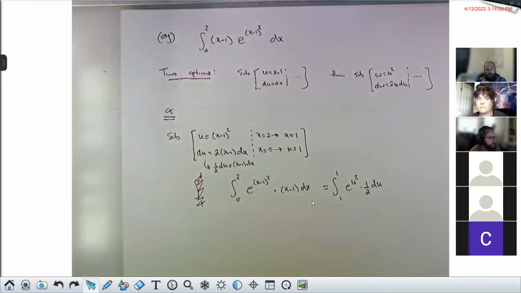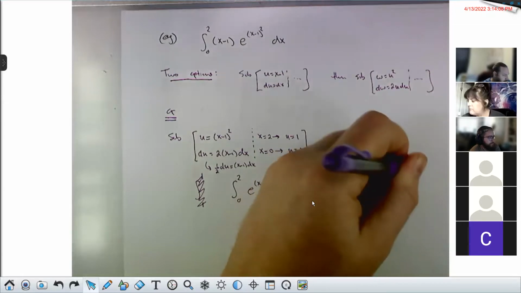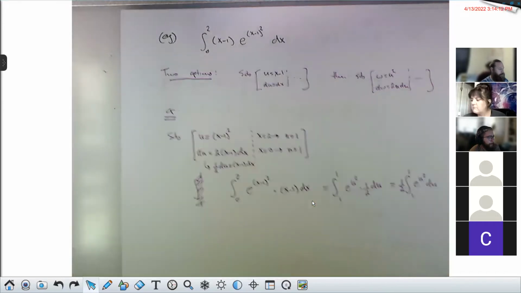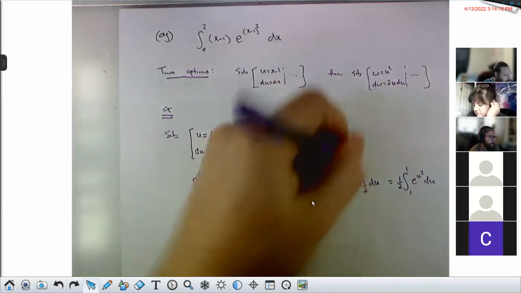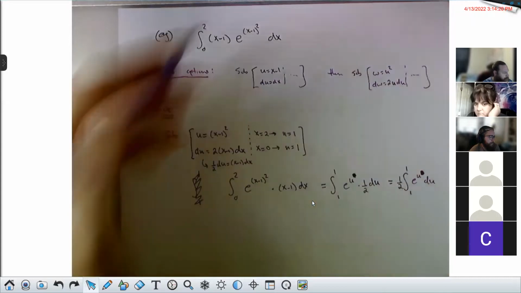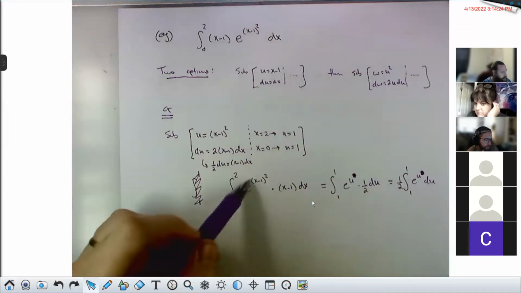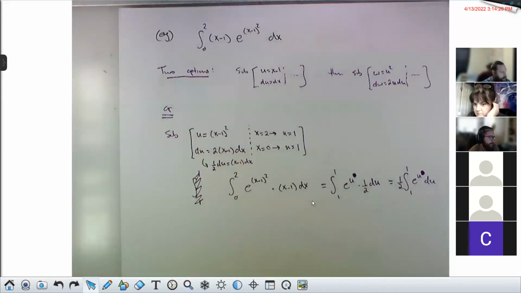Do I want to continue with this? Is there anything else I need to do? Oh, sorry, not e to the u squared. I'm so sorry. Just e to the u. We're subbing u equals x minus 1 squared. Yeah, so this whole thing is u. Let me annotate here. I've made it confusing.